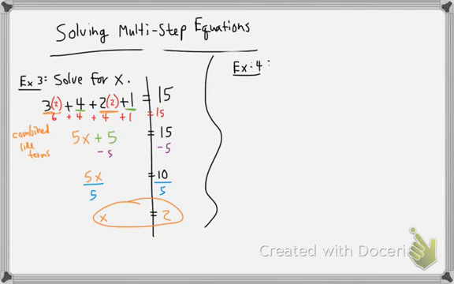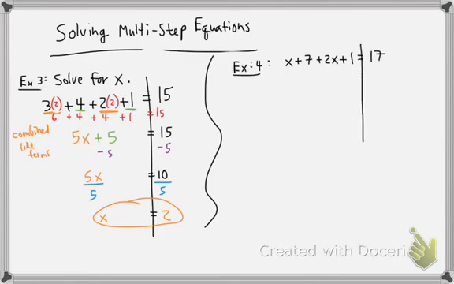Let's try this. Let's try x plus 7. So we have x plus 7 plus 2x plus 1 equals 17.